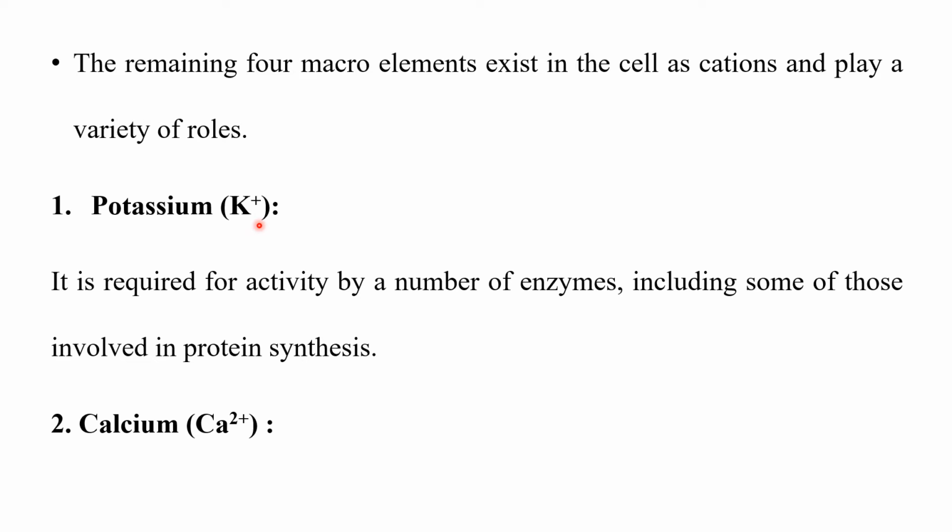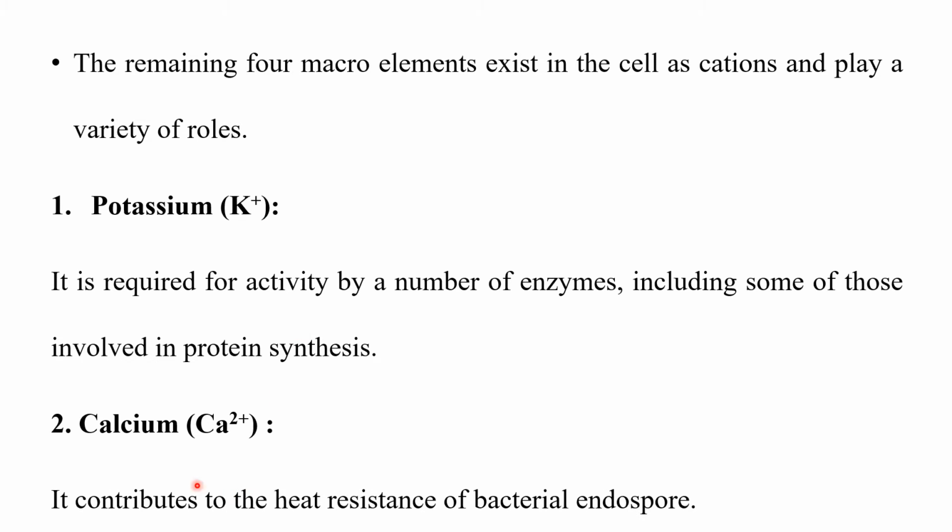The second macroelement is calcium. Now you know endospores. What are endospores? This calcium contributes to the heat resistance property, as it is a major component of the bacterial endospore.